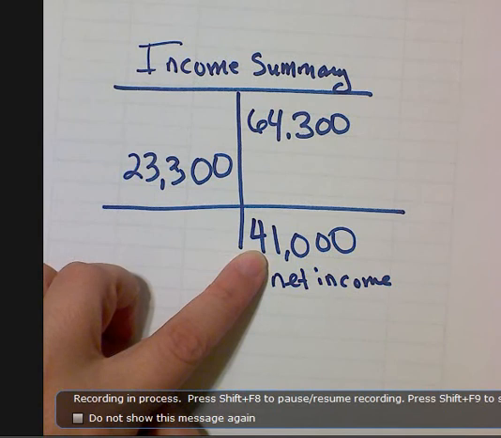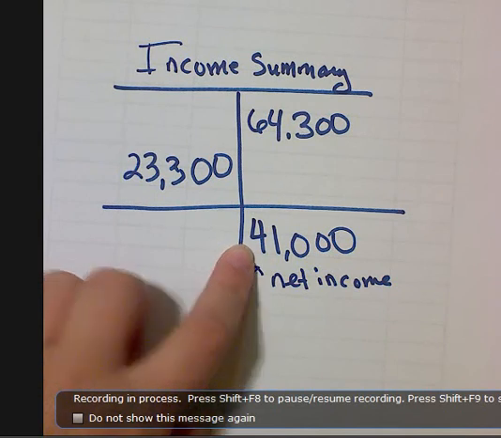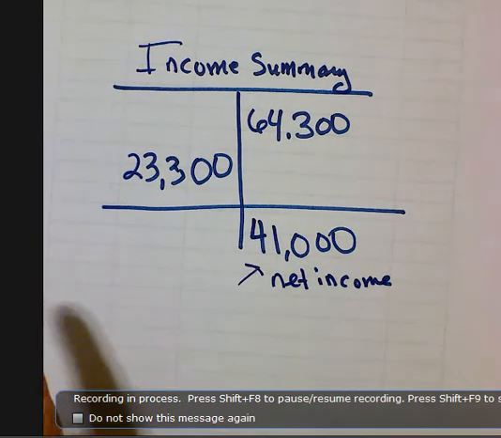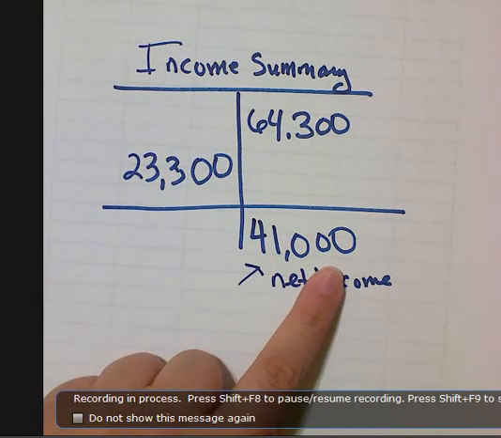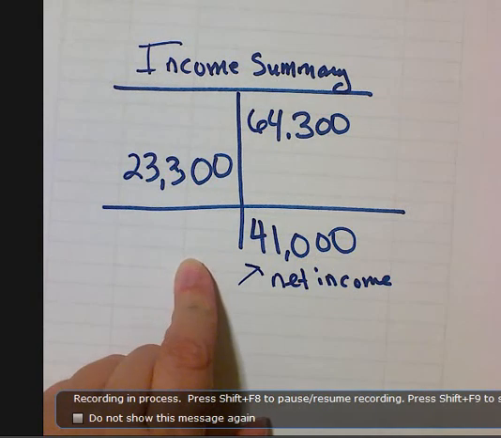So I also need to close out my income summary account, and I'm going to close out income summary into retained earnings. And since income summary has a credit balance, I close it out by making a debit entry to it.